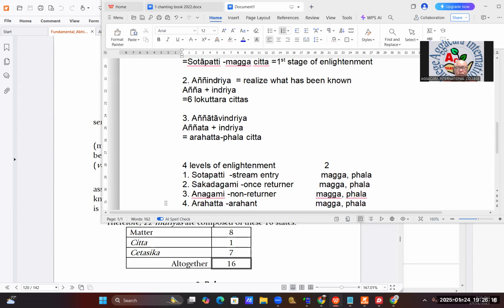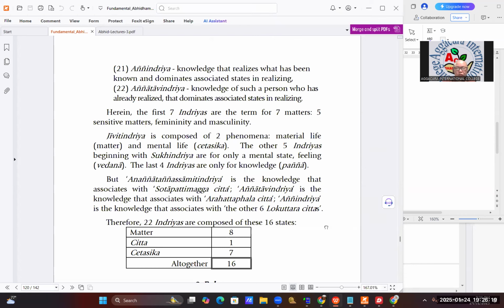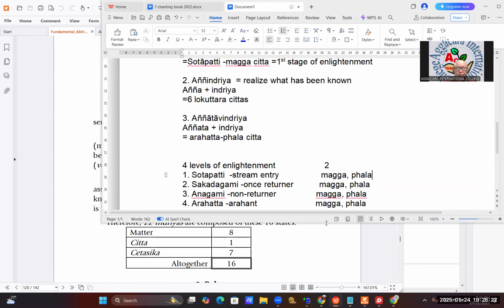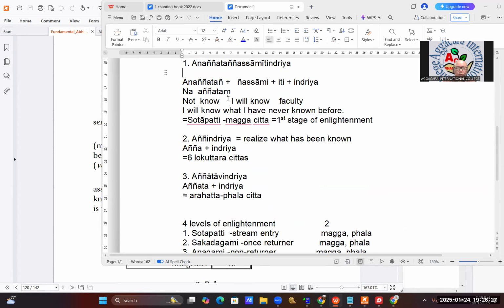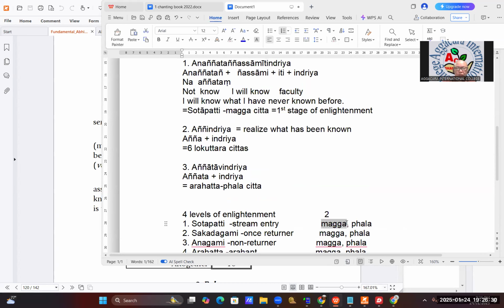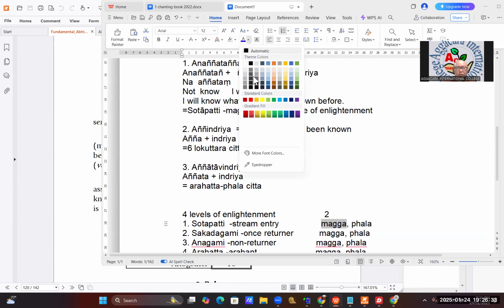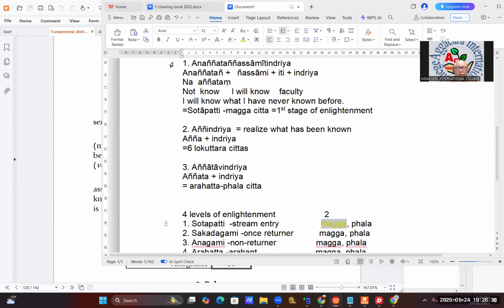The first knowledge here, the first one, refers to this one. I'll put the color here. So this is the first one, and then number three is the last one.